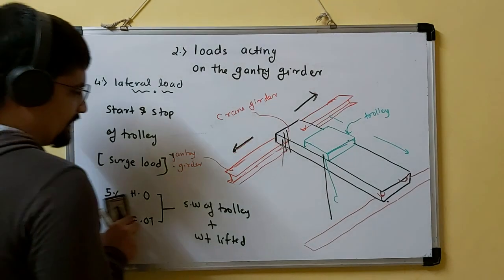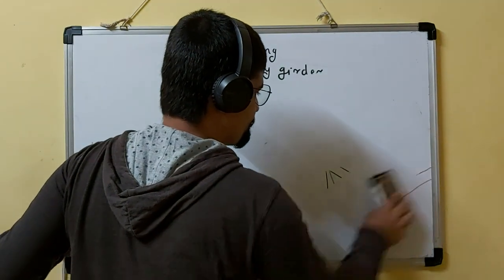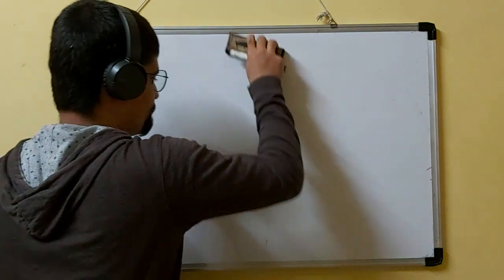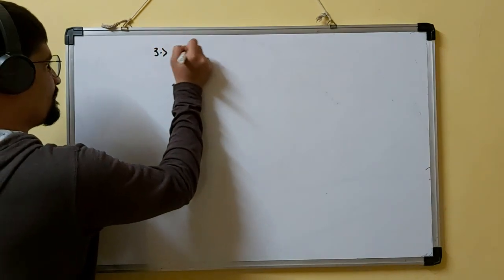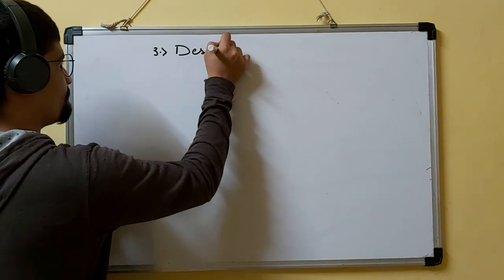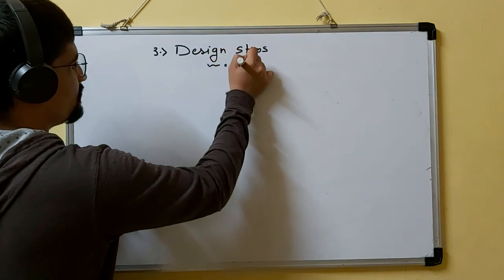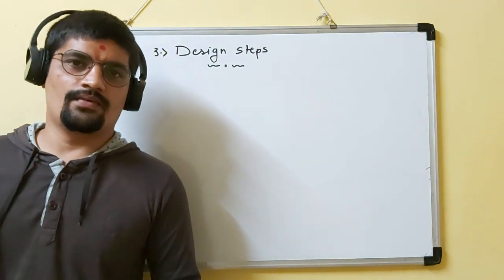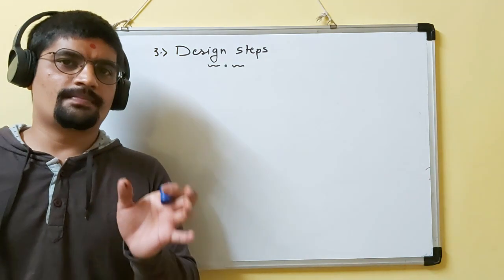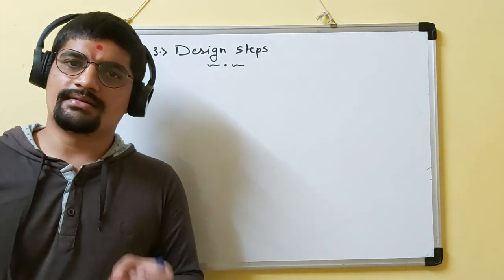is the design steps. Basically, whenever we design anything in RCC or steel, we check it on the basis of moment and shear, on the moment capacity and the shear capacity.